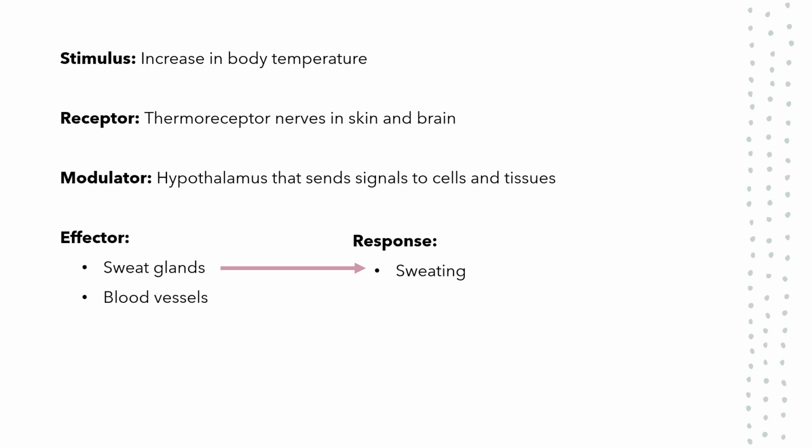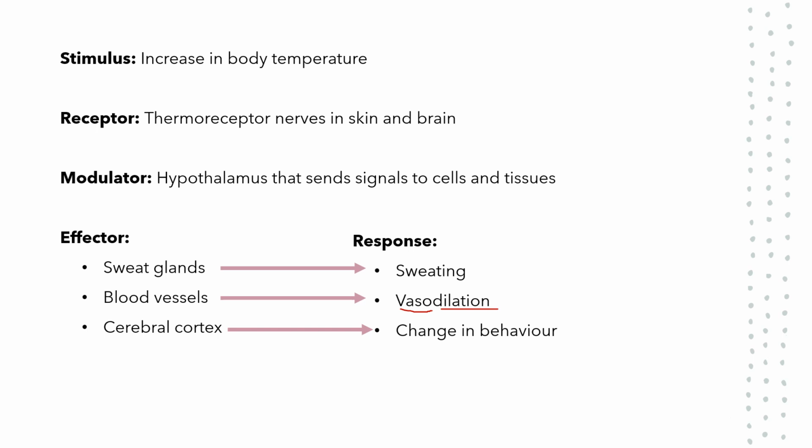Another effector might be blood vessels. Your blood vessels will produce a response of vasodilation. So vaso meaning blood vessels, and dilate means it gets bigger. So your blood vessels will expand, and this allows you to release heat into the environment. Another effector could also be your cerebral cortex, which is a part of your brain. This response could be a change in your behavior. So maybe you turn the fan on, or maybe you take your jumper off.